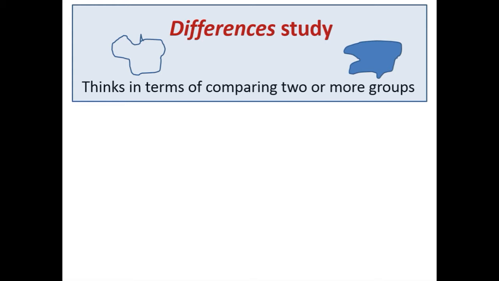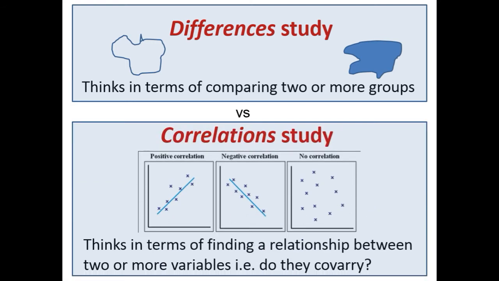So what we can see from this example is that we can have two major types of studies here. One, as we have just seen, was a differences study, where we have two groups. That can be any two groups.